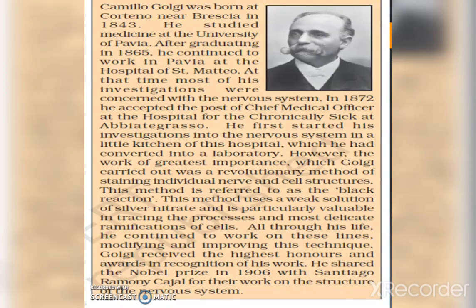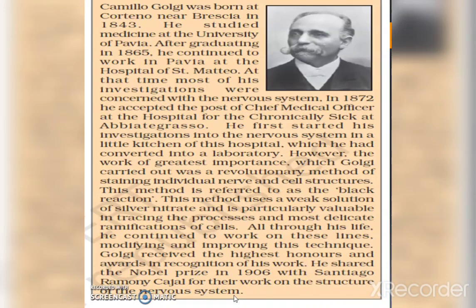And he shared the Nobel Prize. He got the Nobel Prize in the year 1906 with Santiago Ramon y Cajal for their work on the structure of the nervous system. Okay, why did he get the Nobel Prize? He got the Nobel Prize for working on the structure of the nervous system.